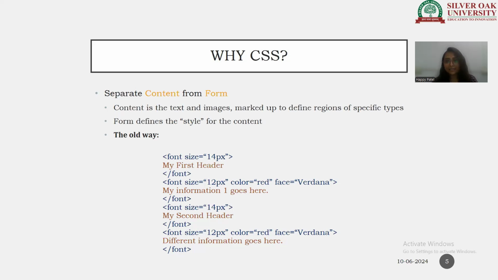Content is the text and the images, markup to define regions to specify types, and form defines the style, right? For the content. In the old times when there was no such thing as CSS, through HTML you could change the color or the font size or the font family of your content.